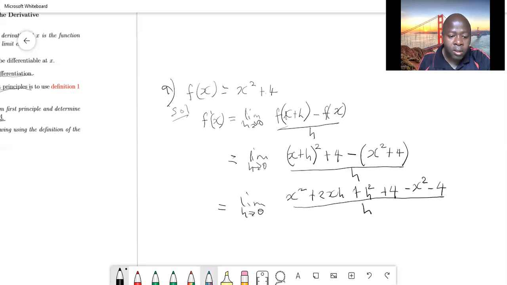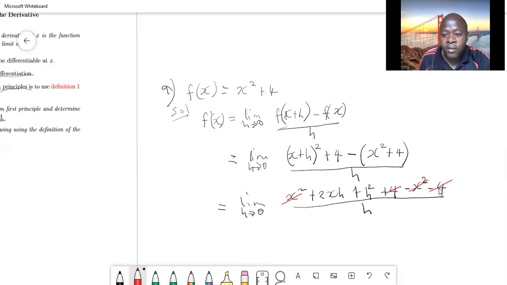So at this point you realize that our x squared appears twice, but this is positive and this is negative, so these two would give us 0, because x squared minus x squared is 0. And then I also have a positive 4 here and negative 4 here.